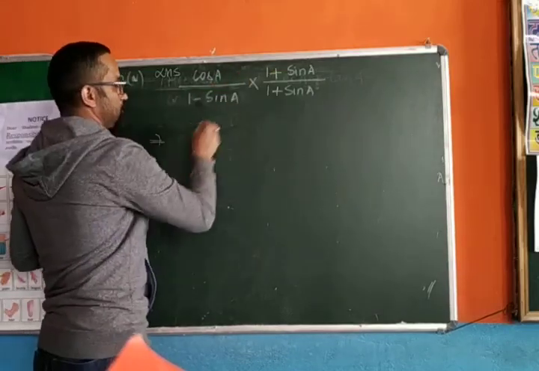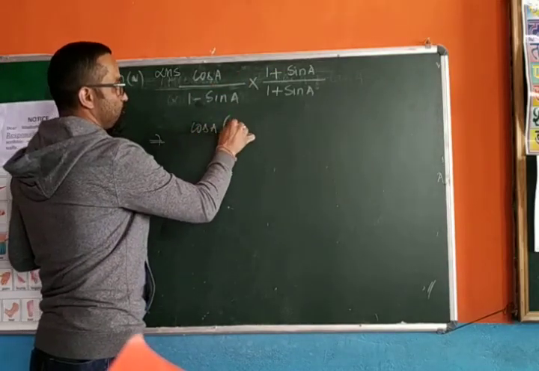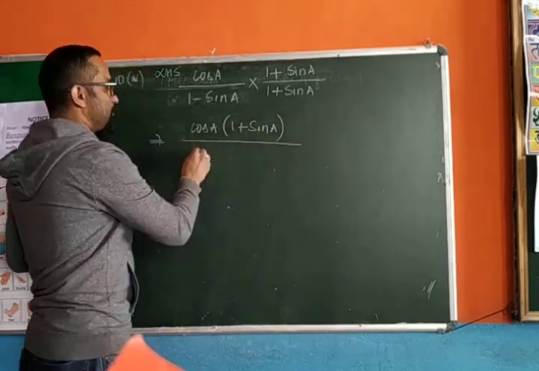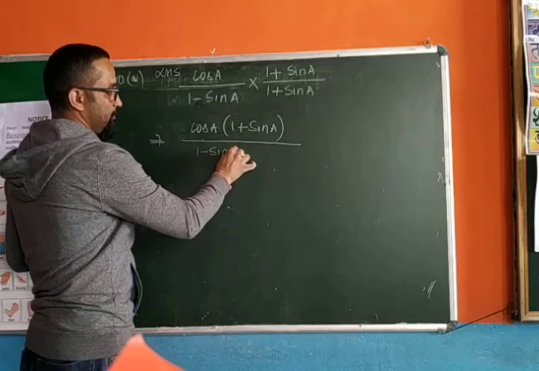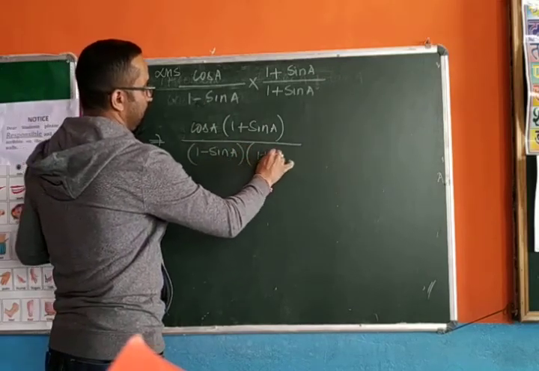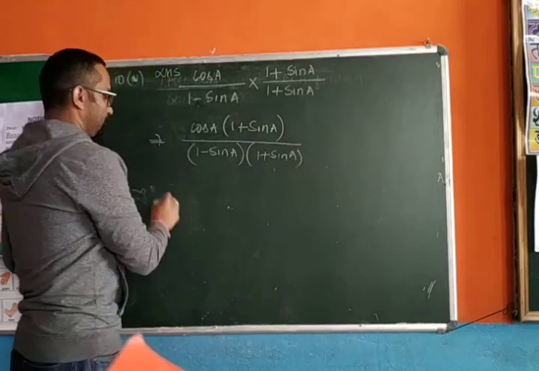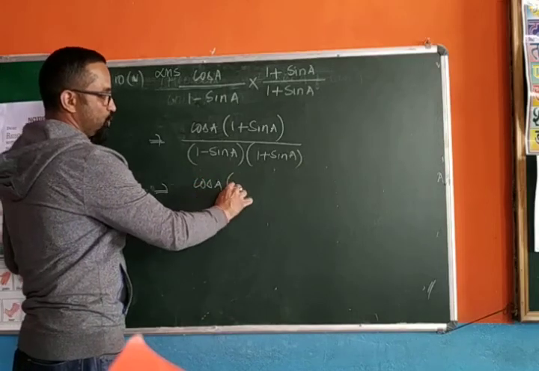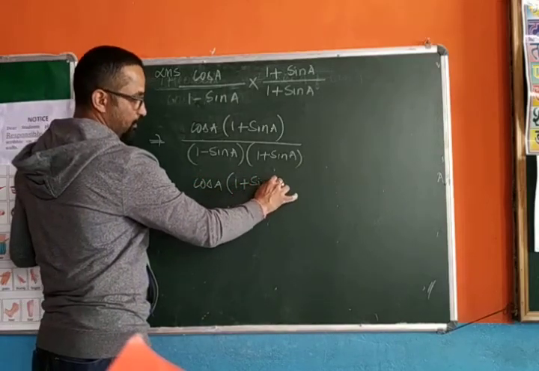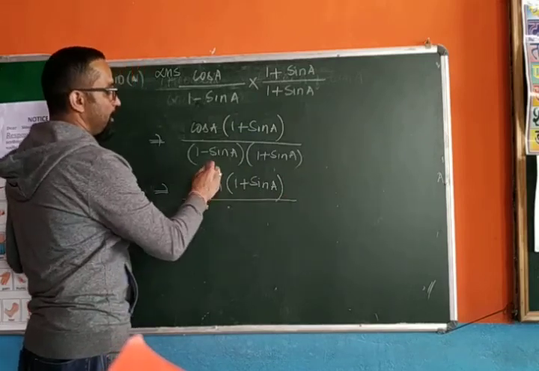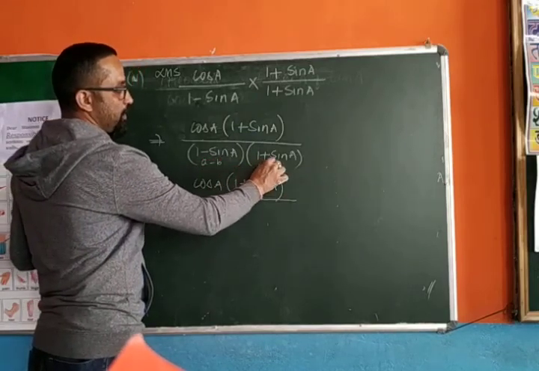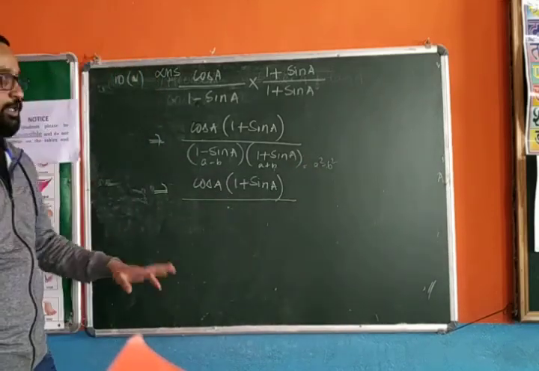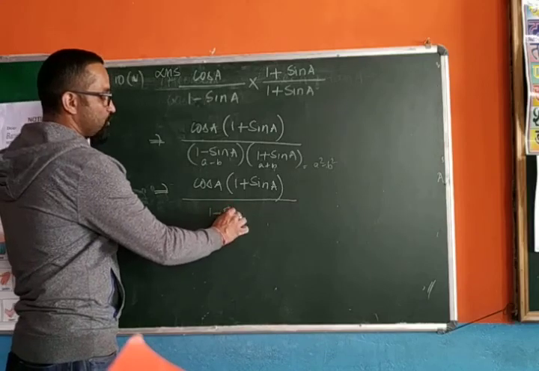Numerator multiplies, so you get cos A multiplies 1 plus sine A. Keep inside bracket 1 minus sine A, 1 plus sine A. You cannot simplify numerator, so keep without changing it. Use algebraic formula here. A minus B, A plus B directly can be written as A square minus B square. So what do we get? We get 1 minus sine square A.